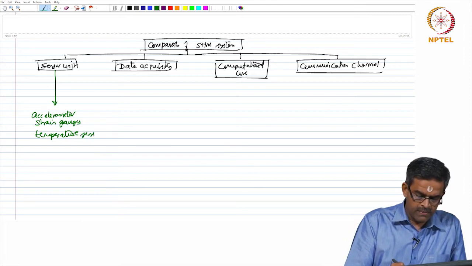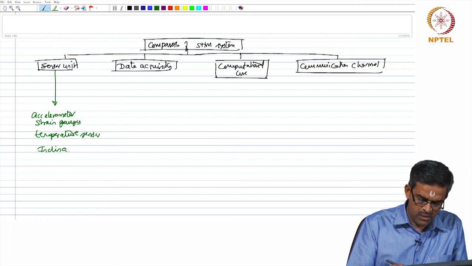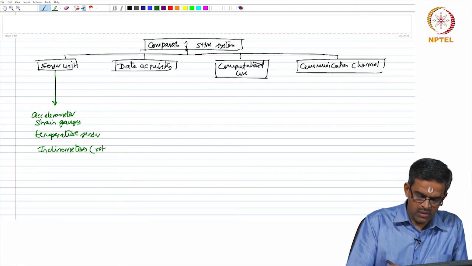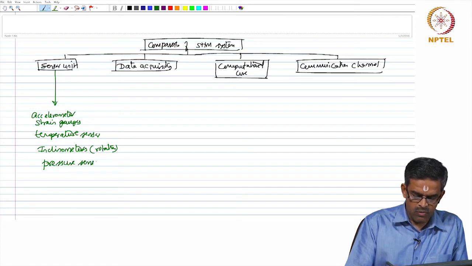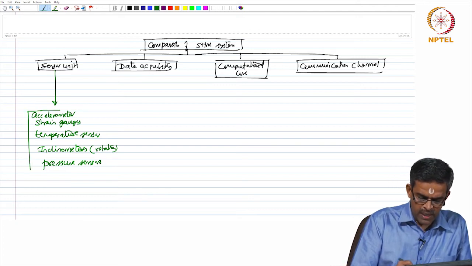Temperature sensor. We need to measure rotations, so we need inclinometers to measure rotation. And of course, the pressure sensors to measure the stress.